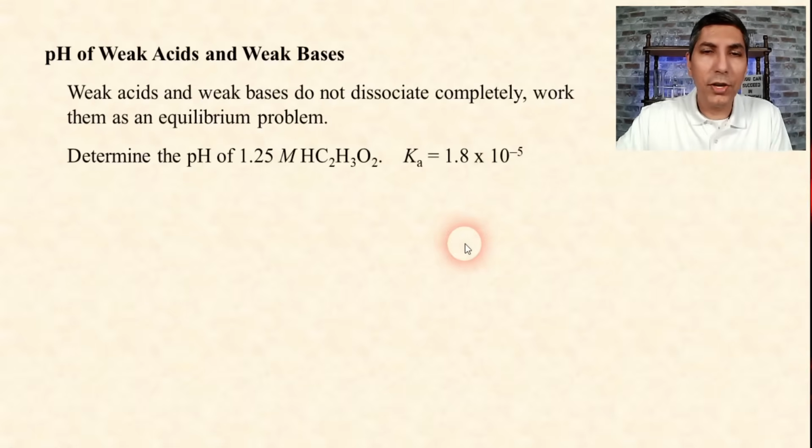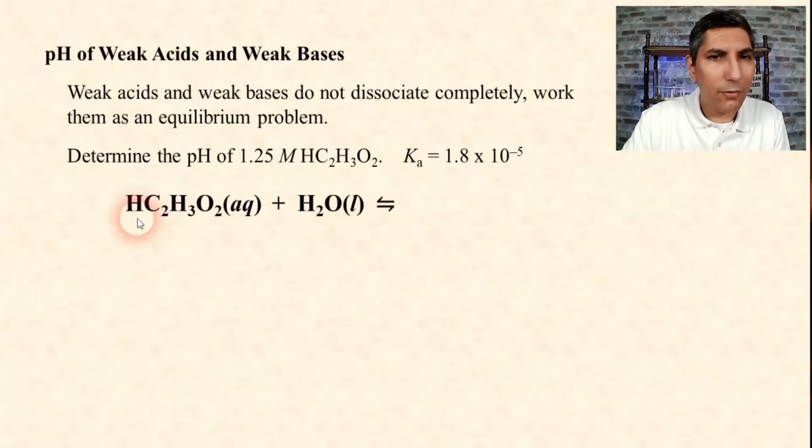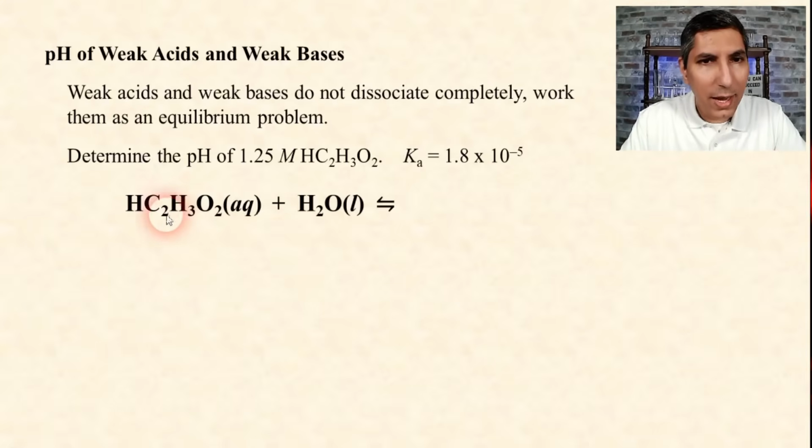And so the first thing you want to do here is write the dissociation equation for this. We have our weak acid, the acetic acid. It's being added to water. Now, anytime we have an acid-base reaction like this, an acid is always reacting with a base. So if this is a weak acid, that means that water is acting as a weak base here.